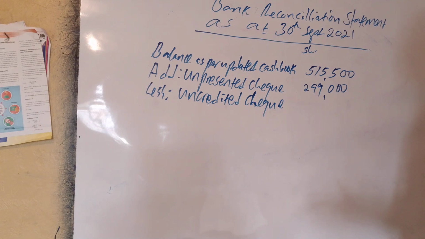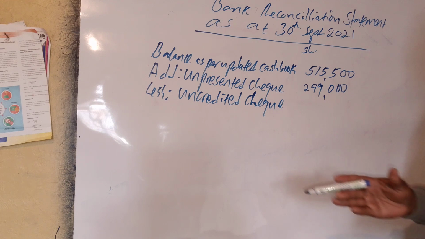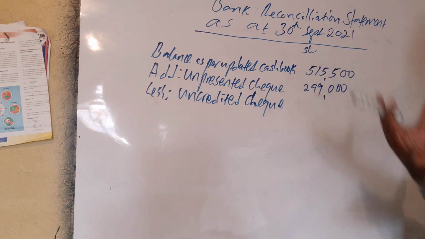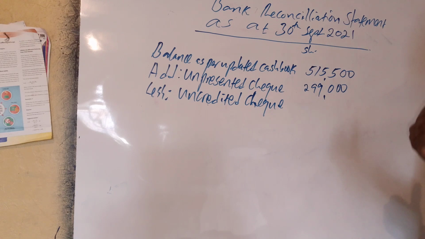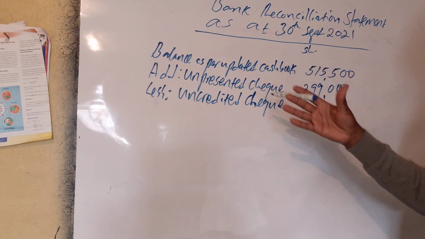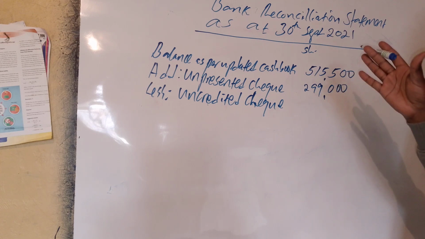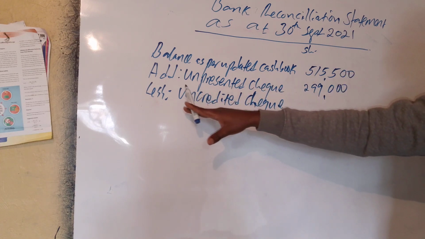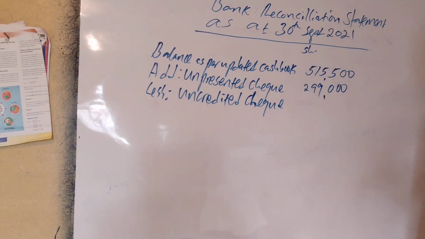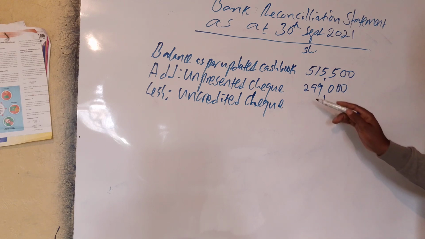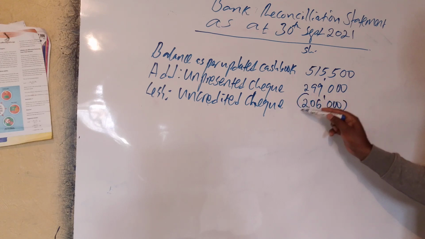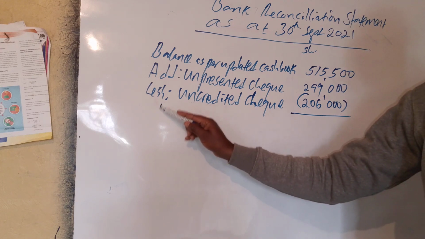And because on our side, as a business, we recorded this check as money received, as income, yet the bank has not wired the money to our account, meaning in our account there is nothing, we are supposed to deduct it. So the uncredited check, on note number 6, totals 206,000. Nothing else.